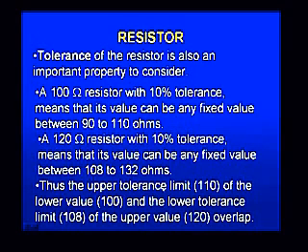Thus the upper limit of 110 ohms of the lower value corresponding to 100 ohms, and the lower tolerance limit of 108 ohms of the upper value 120 overlap. So that is how the choice of resistances to manufacture is decided, so that each resistor value's lower limit and upper limit overlap with the next value of resistor.